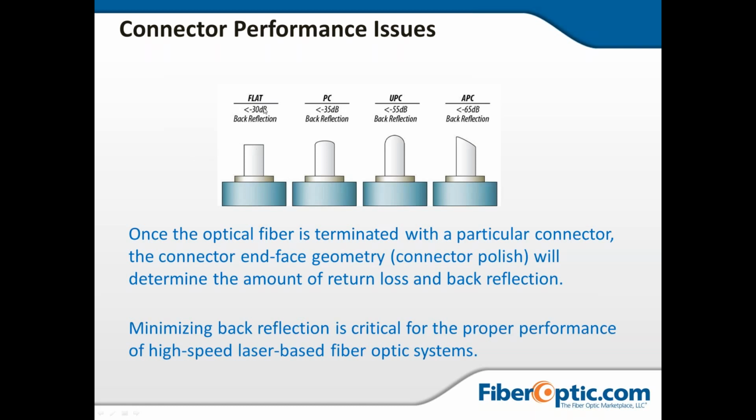It's just that it does not perform as well as APC on the back reflection side. Minimizing the back reflection can be really critical for the proper performance of high-speed laser-based fiber optic systems: the speed in which you get your information, your TV, your security, your defibrillator, whatever it happens to be.